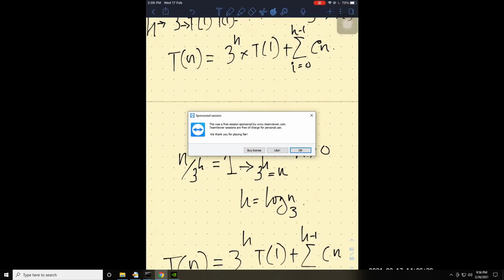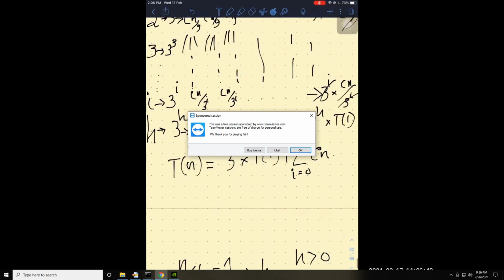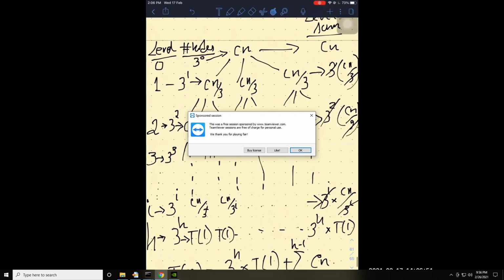T of n is 3 to the power of h, and after that, in the summation, it's i equals 0 to h minus 1. Why h minus 1? Why is it not h? Yeah, because we assume that at level h, we are getting T of 1, right? This was our assumption.